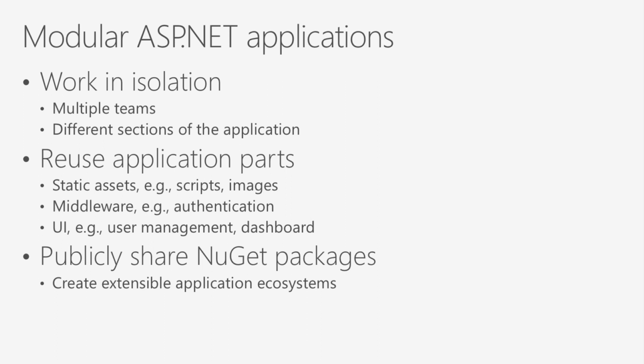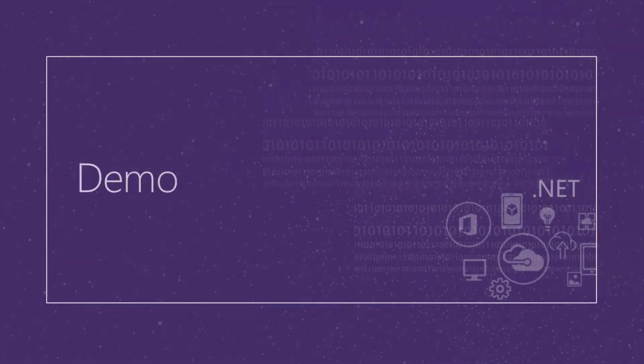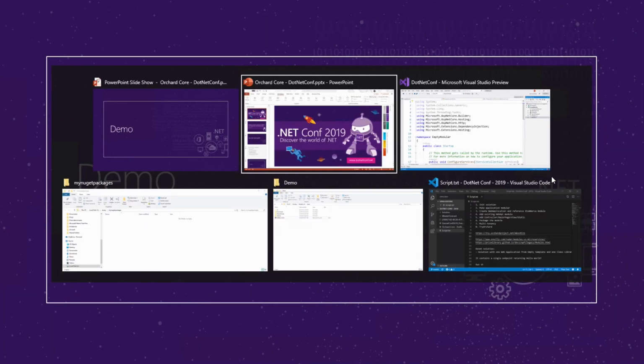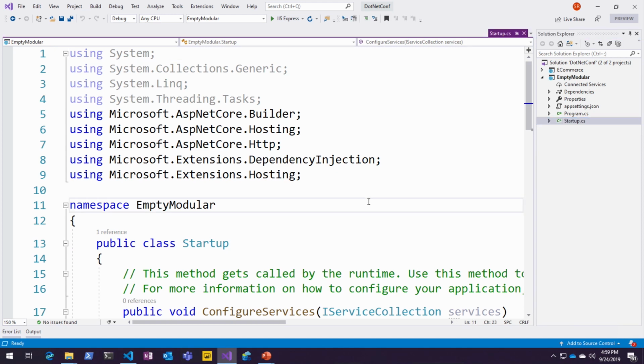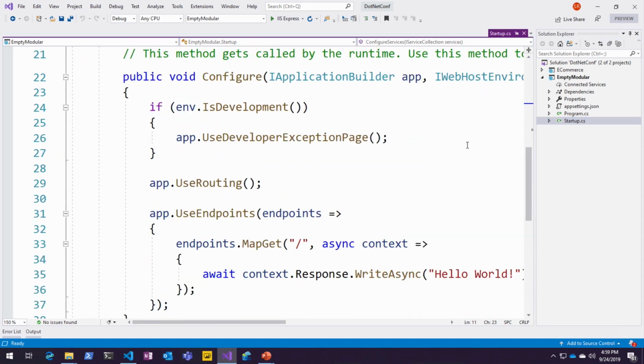Now, how do you do that in ASP.NET Core? Orchard Core Framework is a solution to that. So let's see how it works concretely if you want to use Orchard Core Framework to build modular applications. I will switch to Visual Studio, and I have a solution ready with a web application based on the empty template in Visual Studio.